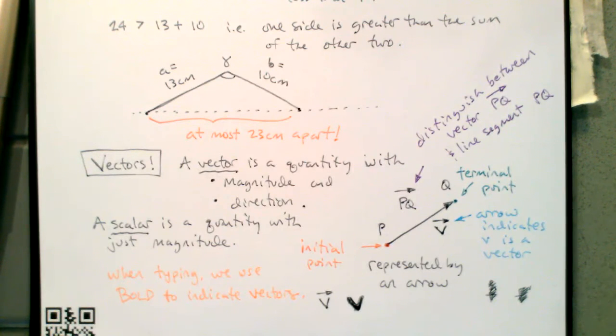It's a quantity with a magnitude and a direction. All right. So if two vectors are going to be equal, they have to have the same magnitude and the same direction.